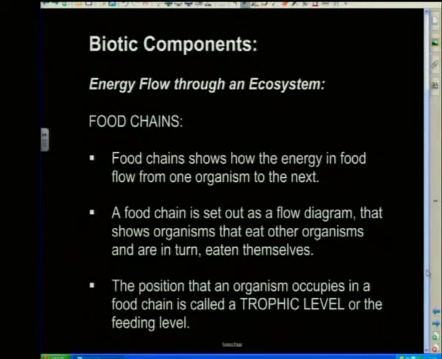So how do we study energy through an ecosystem? We look at food chains, and we've heard the term food chains before, but let's look at food chains in detail. So let's see what the definition of a food chain is. So food chains will illustrate to us how energy in an ecosystem will flow from one organism to the next. And essentially that is what it shows us.